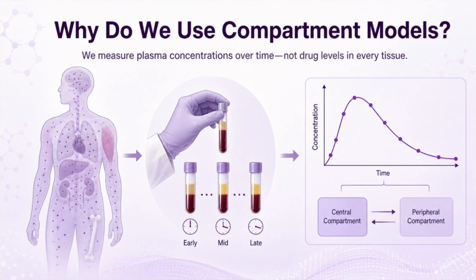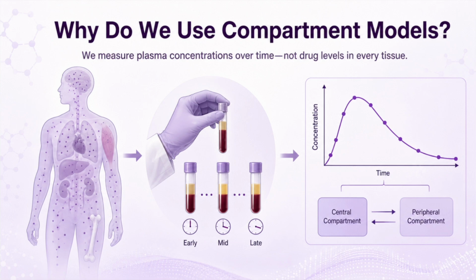Once a drug has entered the body, it may distribute into many tissues with different blood supplies, membrane permeabilities, and affinities for the drug. However, we cannot continuously measure its concentration in every tissue. What we can measure is usually the drug concentration in plasma at several time points. These plasma measurements create a concentration time curve.